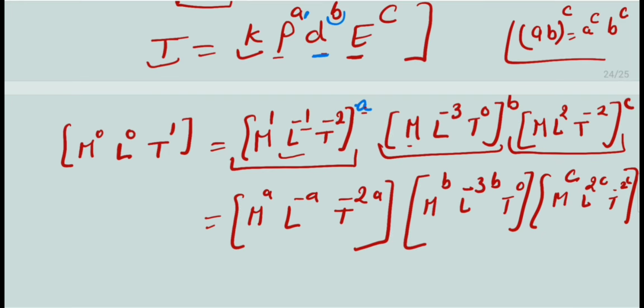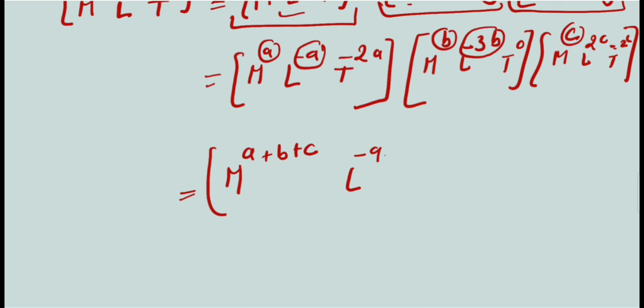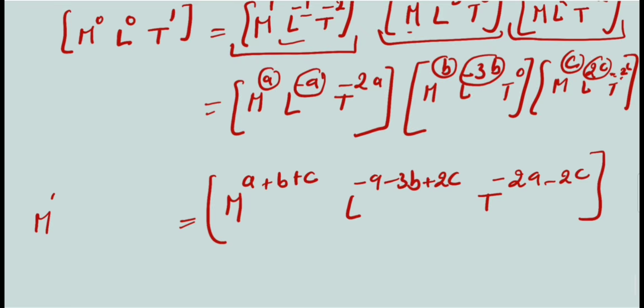From here we'll get M raised to power A plus B plus C, L raised to power minus A minus 3B plus 2C, and similarly for time, T raised to power minus 2A minus 2C, bracket closed. So the right side is M^0 L^0 T^1.